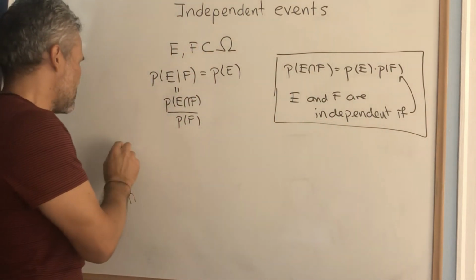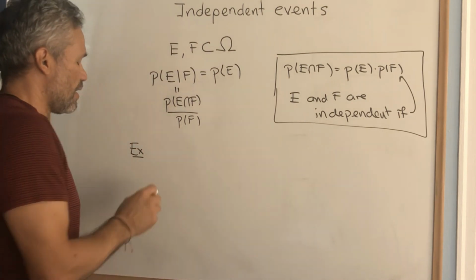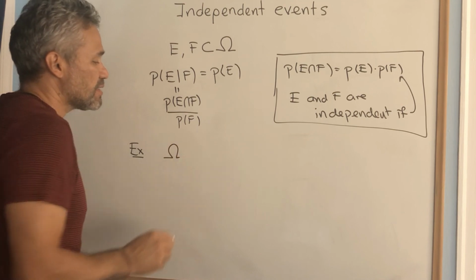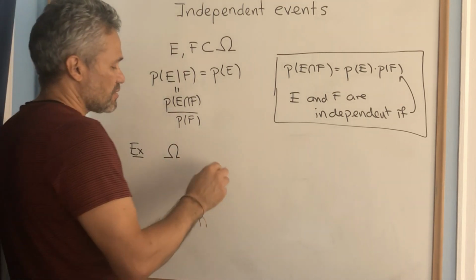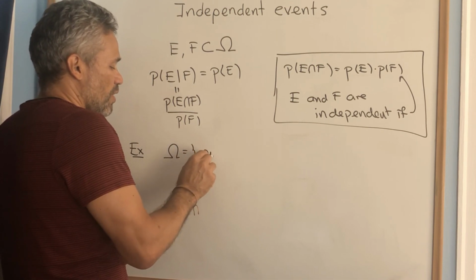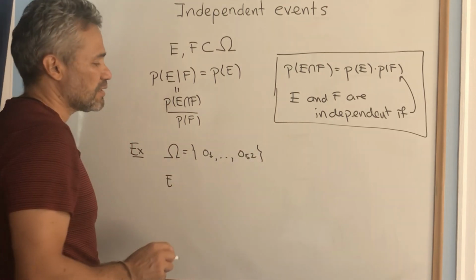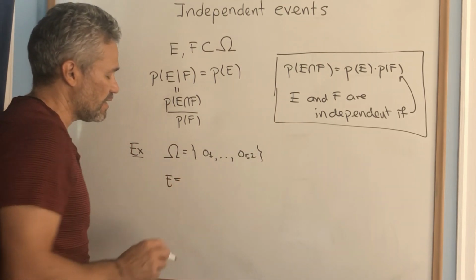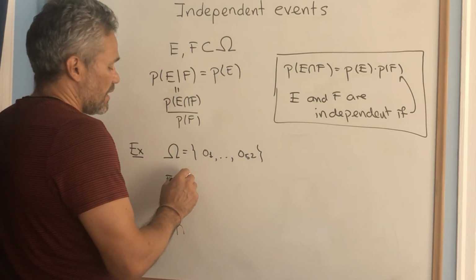Let's consider an example. Let's suppose that our experiment is to take a card from a deck of 52 cards. Then this is going to be outcome 1 through outcome 52. And let's consider the event E that the card selected is an ace.